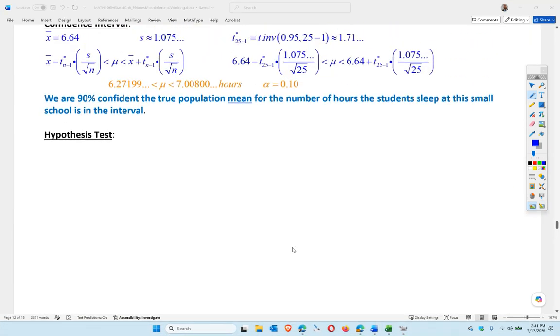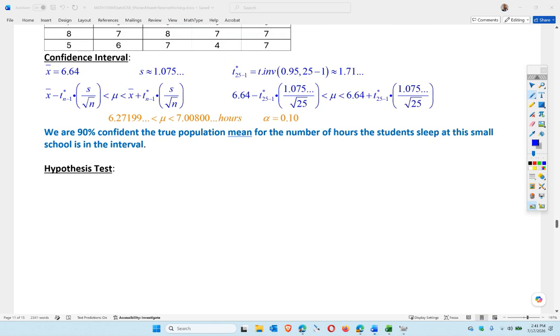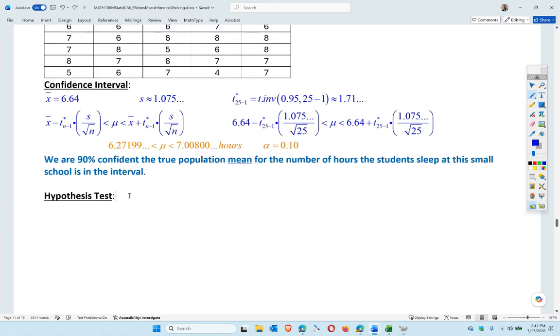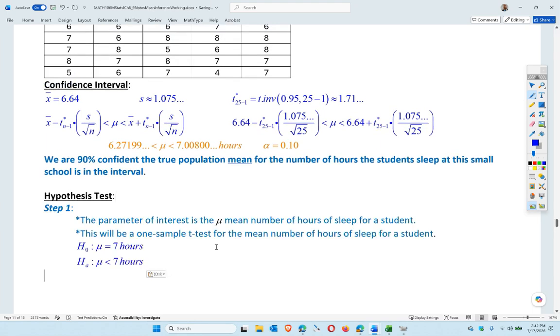Okay, let's do the hypothesis test now. So now we're not doing proportion anymore. We're doing mean, right? We're doing a mean for the hours of sleep for the kids, and this is a one sample t-test because this is a mean, so we have to do a t-test.